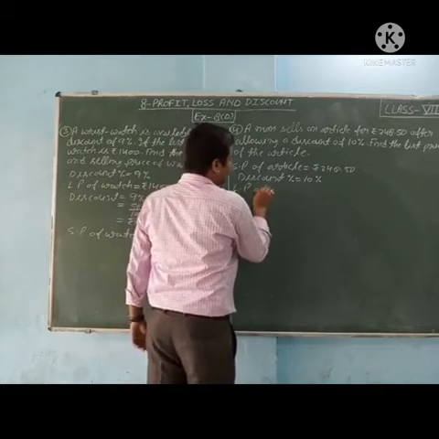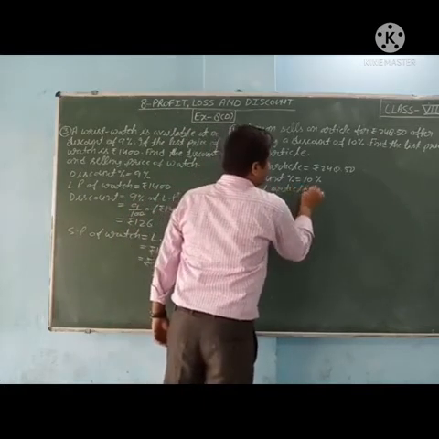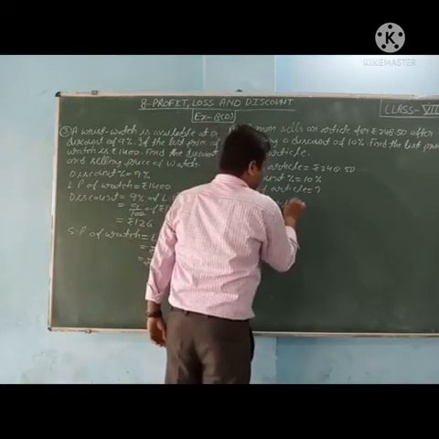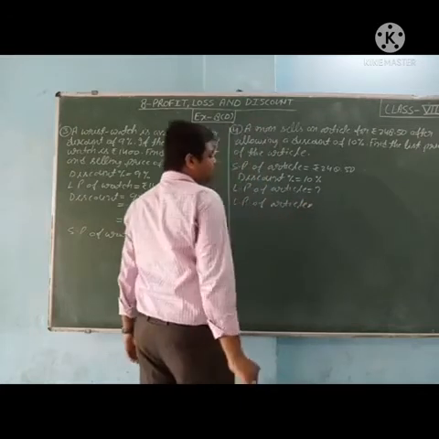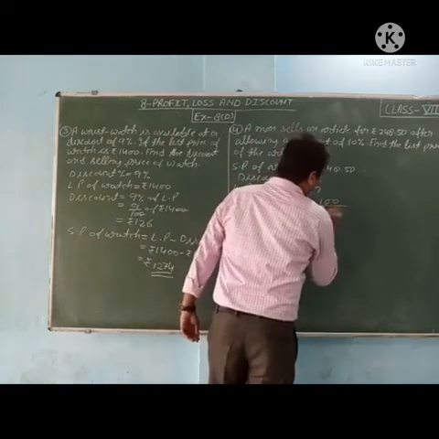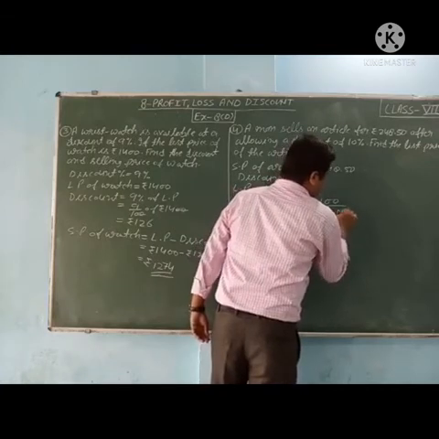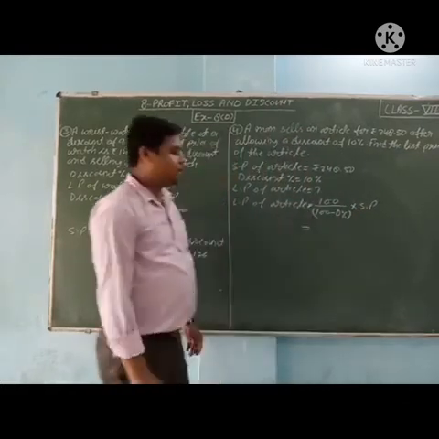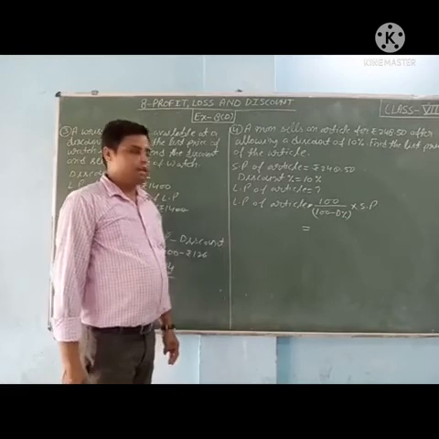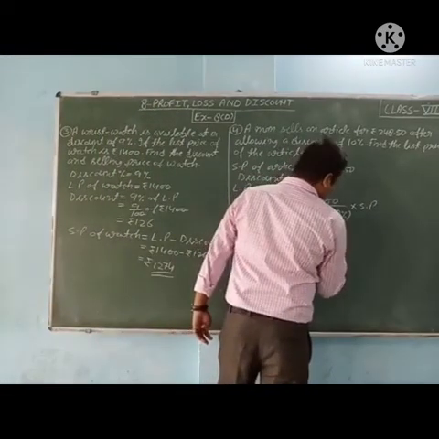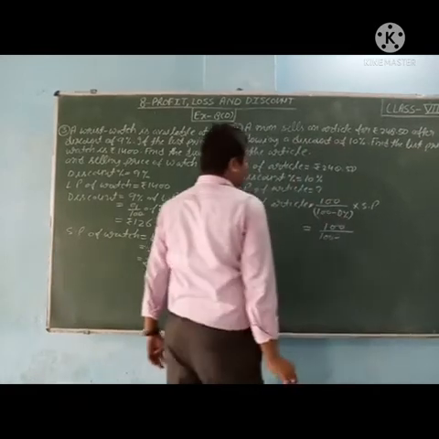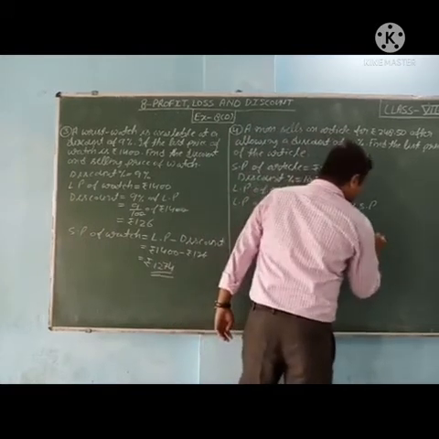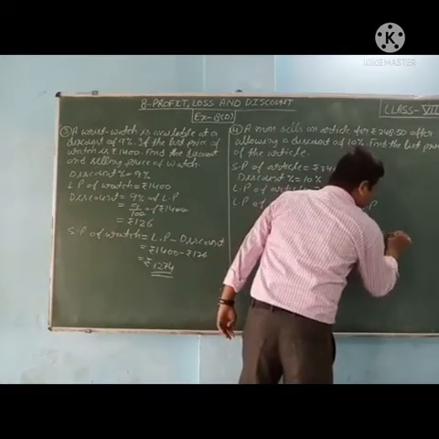Then what is asked? List price of article, that is, mark price. So LP of article is equal to 100 upon (100 minus discount percent) multiplied by selling price. Formula is 100 upon (100 minus discount percent) multiplied by SP. So 100 upon 100 minus 10 multiplied by selling price, which is 248.50.